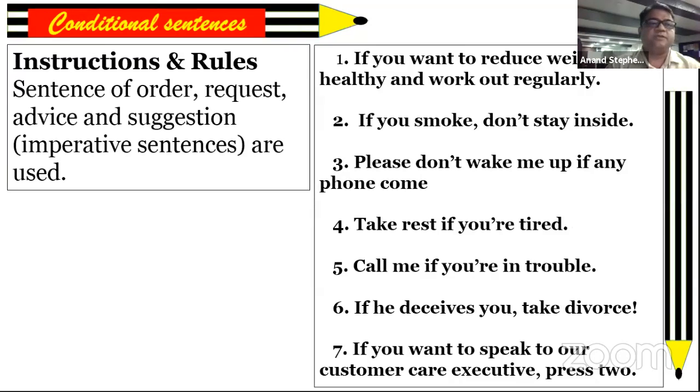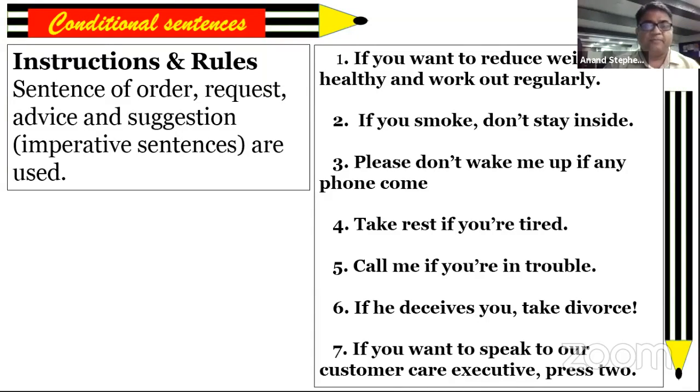Let's take some more examples of instructions and rules. Sentences of order, request, advice, and suggestion. We very well know these are imperative sentences. So a conditional sentence can take place here also. As we already know, in these imperative sentences, you as a subject is always hidden.